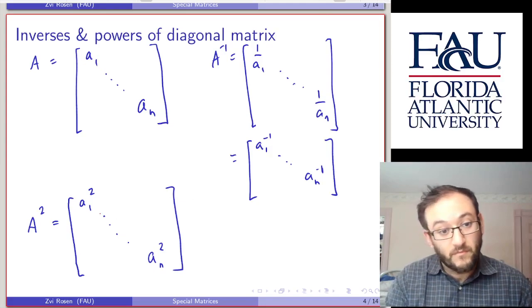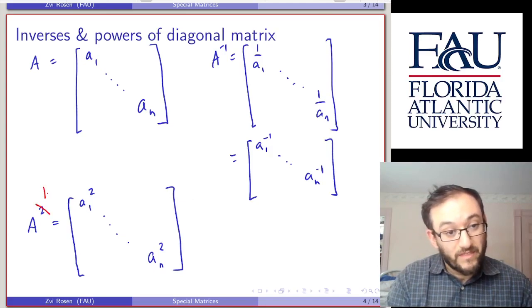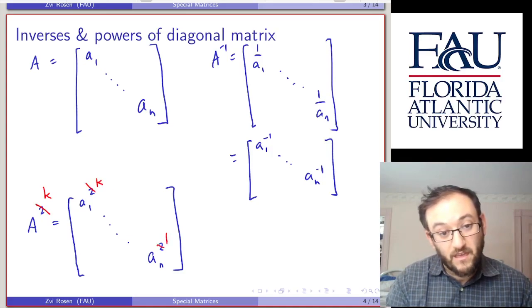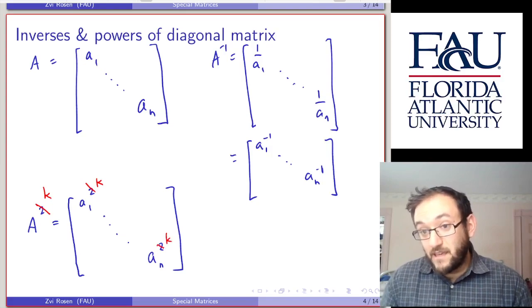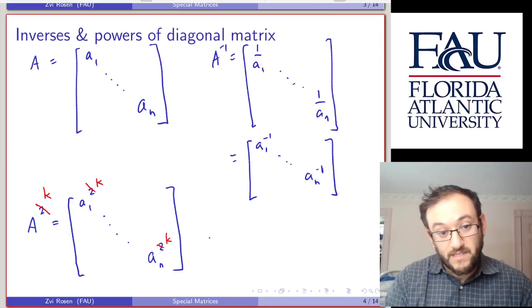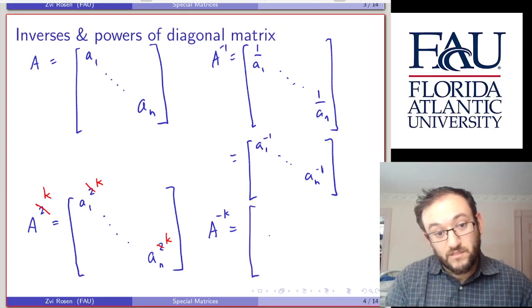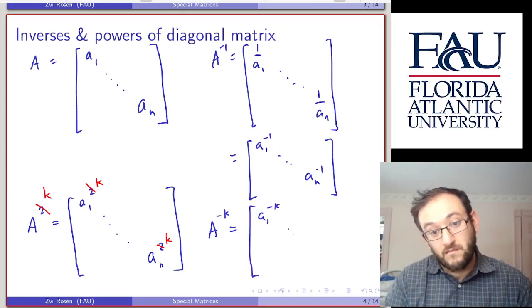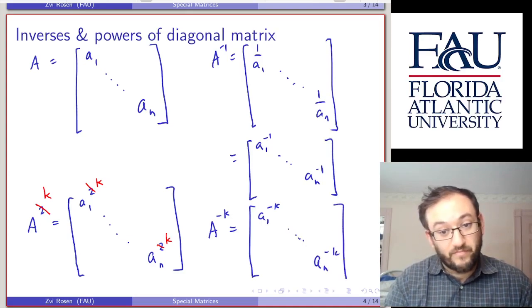If you replace this with k, this will be a1 to the k up to an to the k. And the same is true for the inverse matrix. If you want to take negative powers, A to the minus k is equal to a1 to the minus k down to an to the minus k.